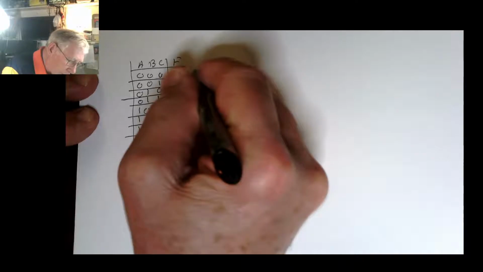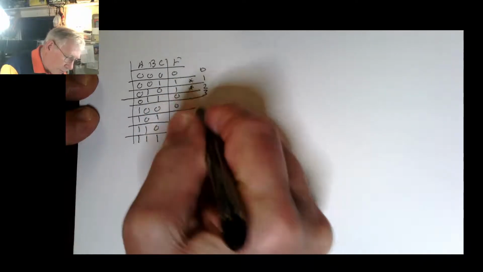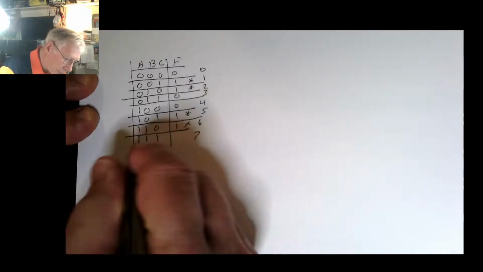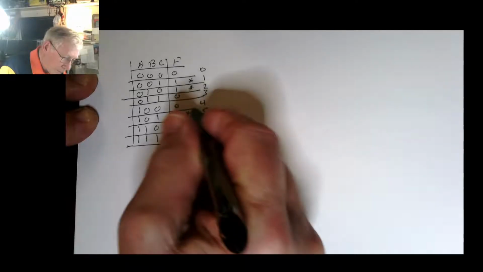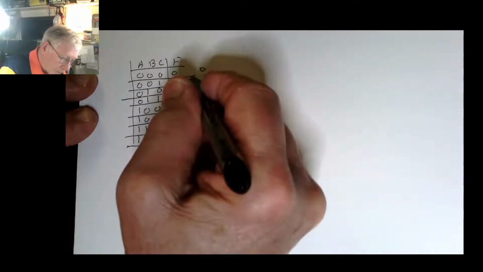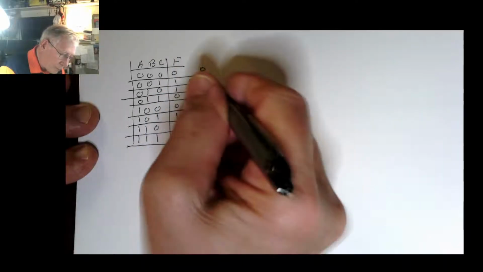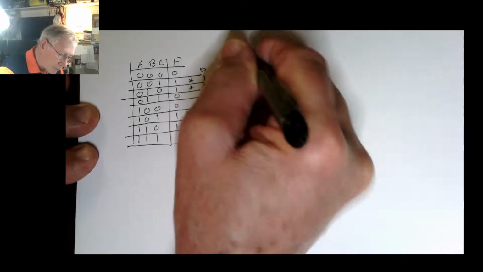And remember, we number these min terms, the rows anyway, 0, 1, 2, 3, 4, 5, 6, and 7. Okay, so we need min term 1, 2, 5, and 6.